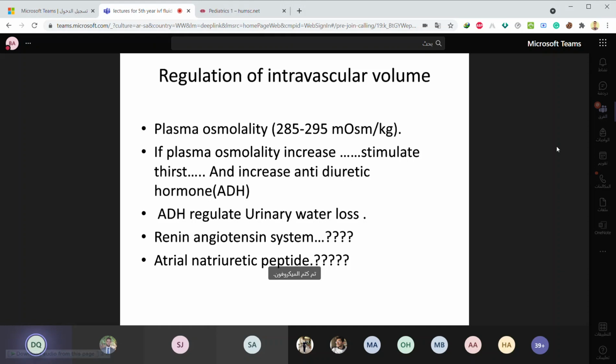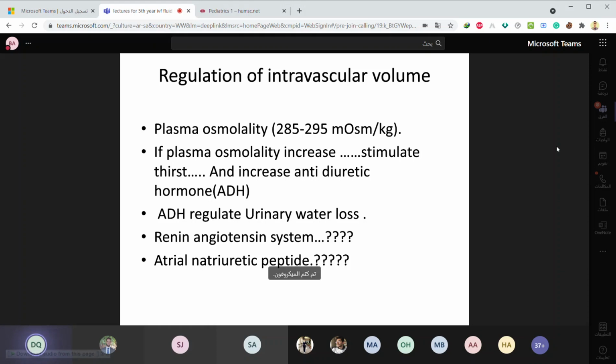We have a complex mechanism that regulates the intravascular volume to maintain the plasma osmolality between 285 and 295. This range is very narrow, so we have a complex mechanism to keep it in this narrow range.